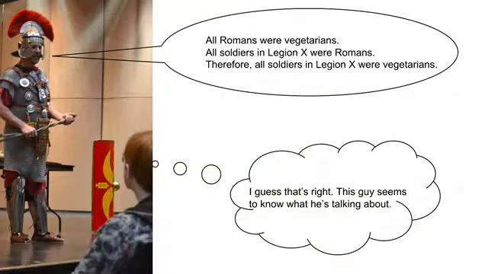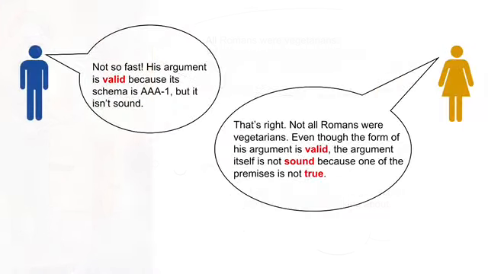Now we've got this picture of me as a Roman centurion, and the centurion is saying all Romans were vegetarians, all soldiers in Legion 10 were Romans, therefore all soldiers in Legion 10 were vegetarians. And the kid in the audience is thinking, I guess that's right, this guy seems to know what he's talking about. But then the blue fellow says, not so fast.